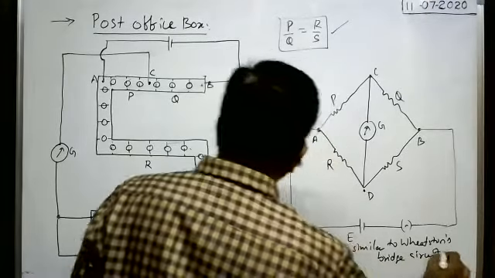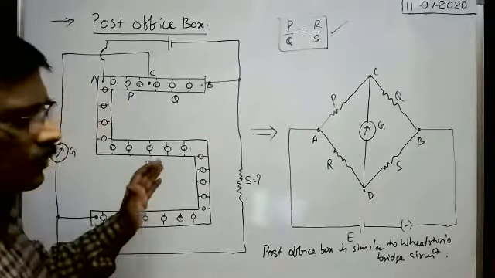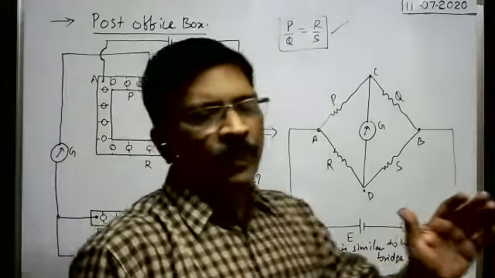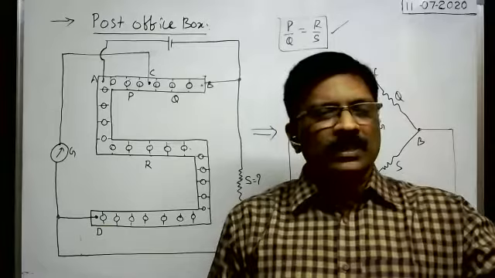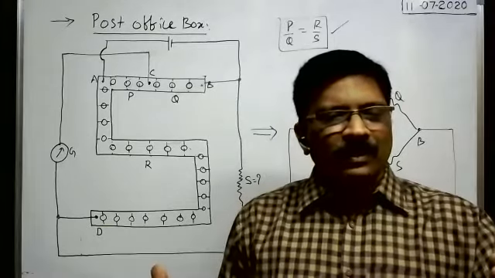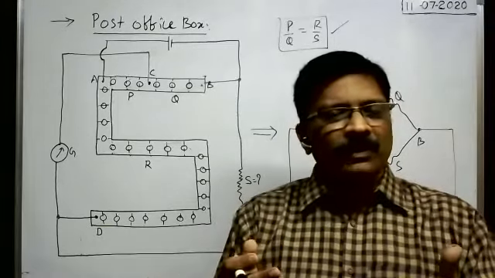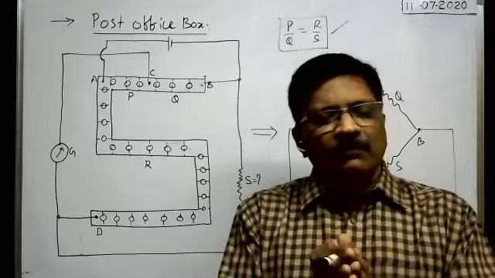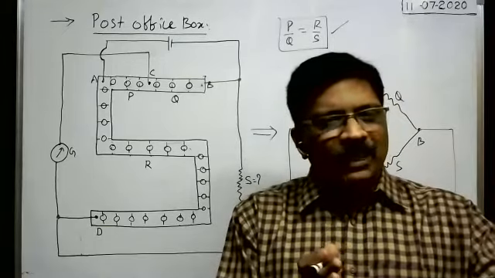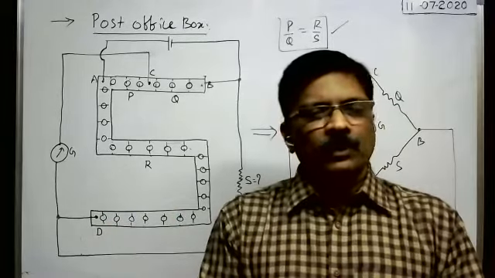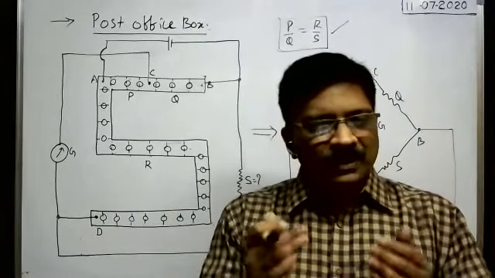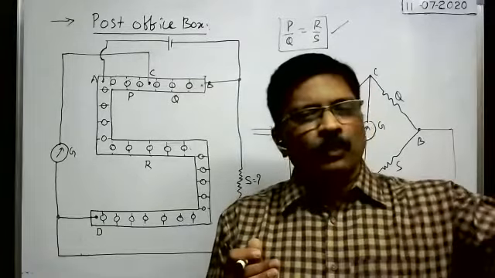By using this post office box, in olden days, where the telephone wire was broken, up to that broken point, they measured what is the resistance offered. If they know the resistance of the wire from the first end to the broken point, by measuring the resistance, they find the length of the telephone wire.